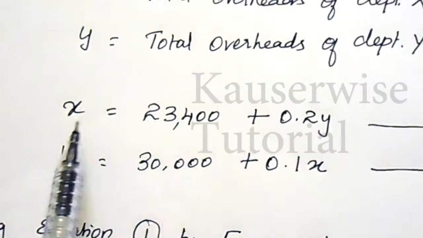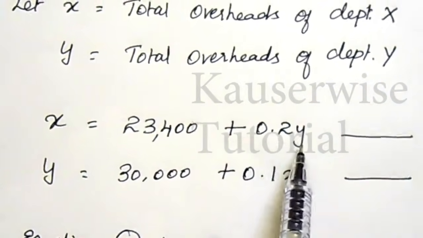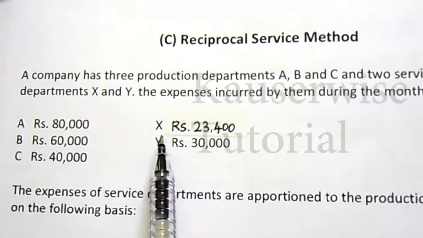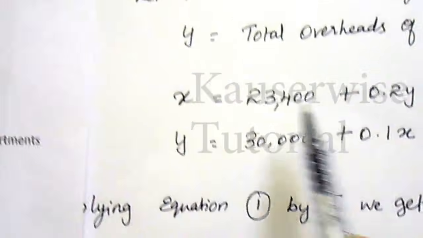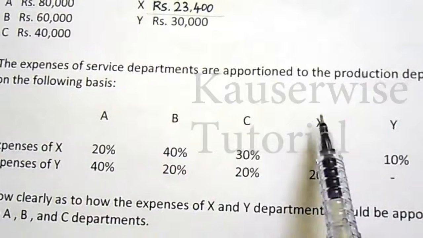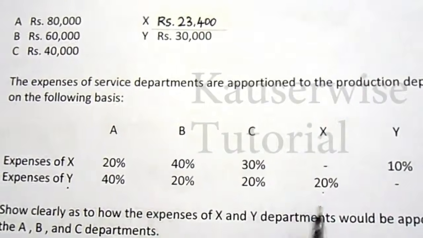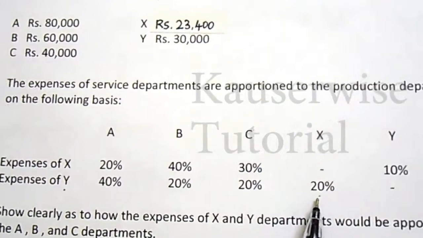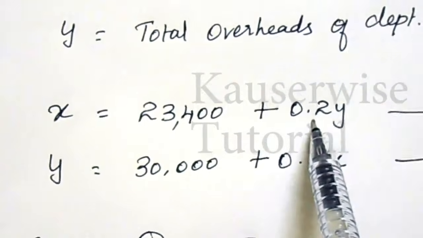Look at the first equation. x is equal to 23,400 plus 0.2y. See, the primary distribution cost for department X is 23,400, plus for X, 20% of the expenses of department Y. So 20 divided by 100 is equal to 0.2, that is 0.2y.